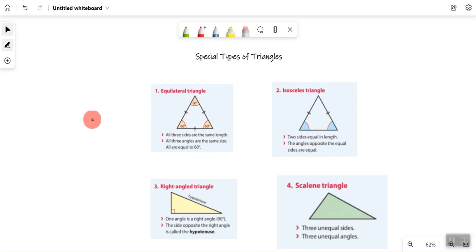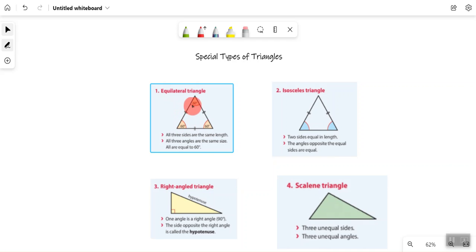Remember, in all triangles, the three angles have to add up to 180 degrees. So with an equilateral triangle, each of the angles is equal to 60 degrees. Okay, so we have 60 plus 60 plus 60 is 180.